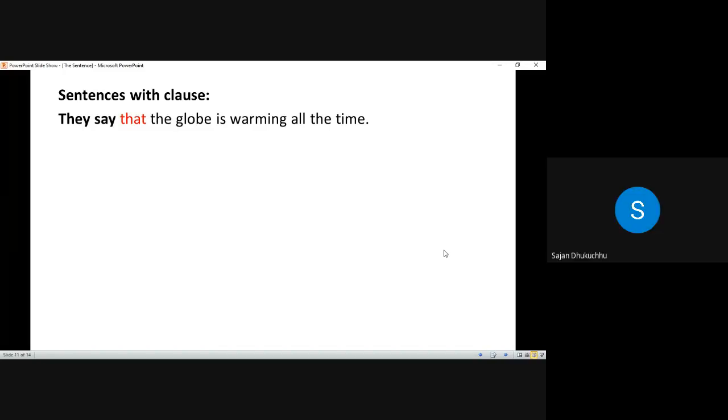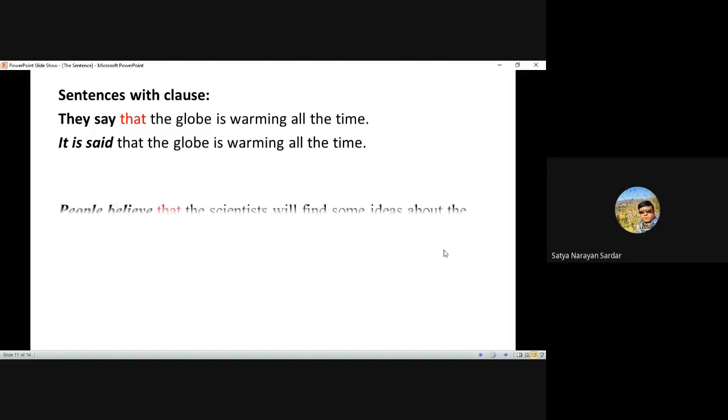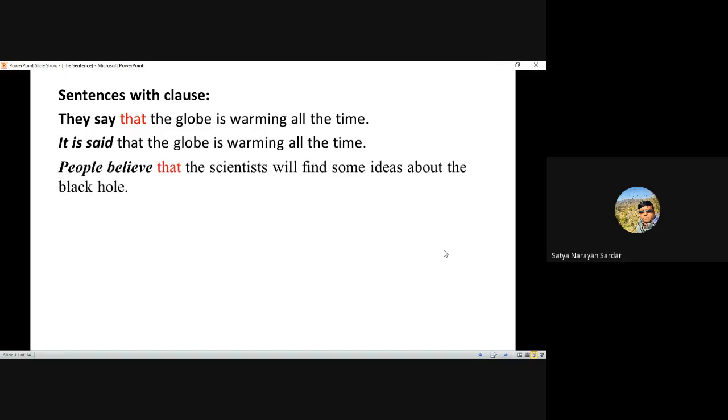It is said that the globe is warming all the time. Yeah, it is said, exactly. The reason is, if the sentence has a clause, only the preceding part of the clause should be changed into passive.